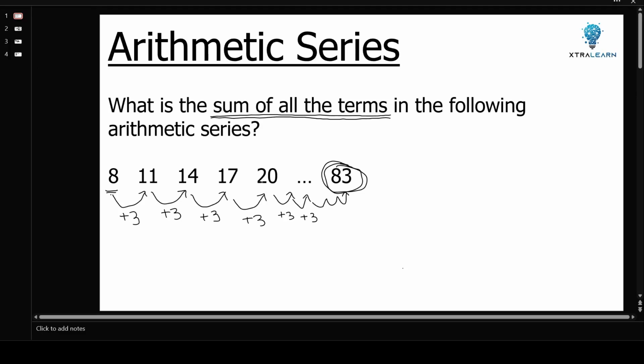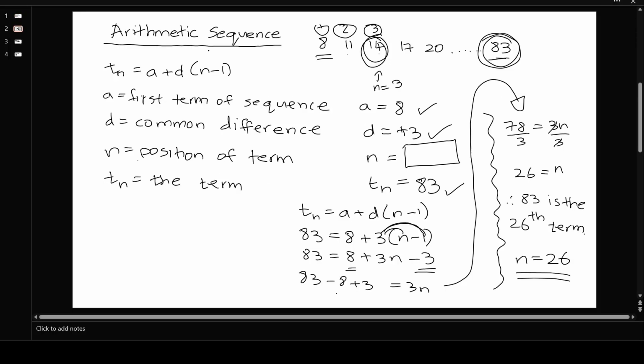So let's just recap what we did. Our question asked us to find the sum of all the terms in this arithmetic series. We knew the first number was 8, and we knew the common difference is 3, but we did not know how many terms there were in this series. We didn't know the position of this 83. So in order to find that, we used the arithmetic sequence formula. We plugged in everything, and we found that 83 is the 26th term of this sequence.